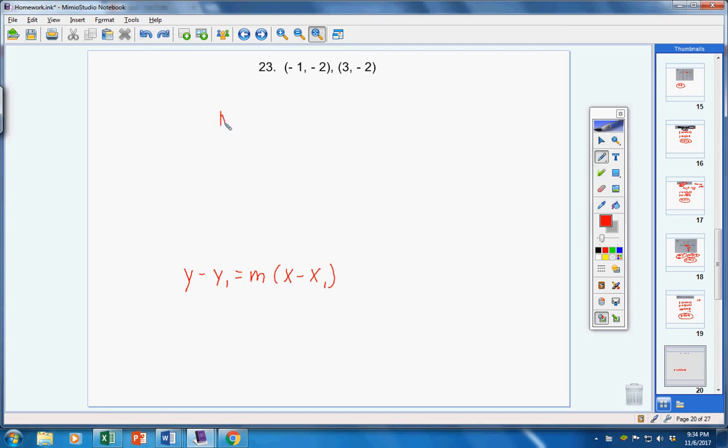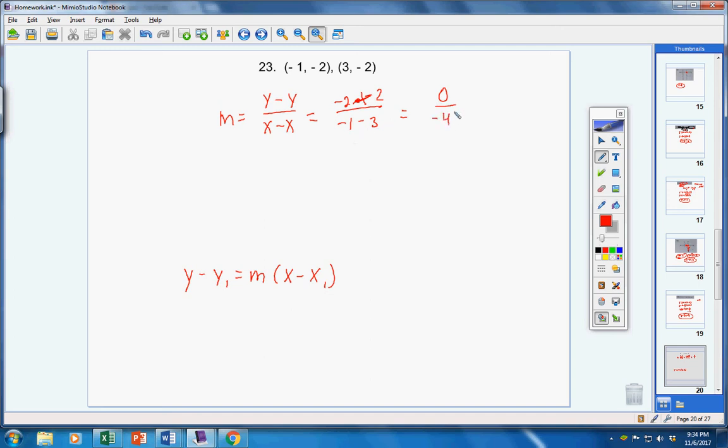Slope is y minus y over x minus x, which would be negative 2 minus negative 2. My x's would be negative 1 minus 3, which would give me negative 2 plus 2, which is 0, over negative 1 minus 3, which is negative 4.